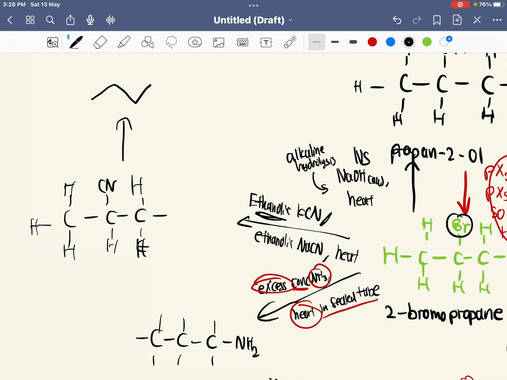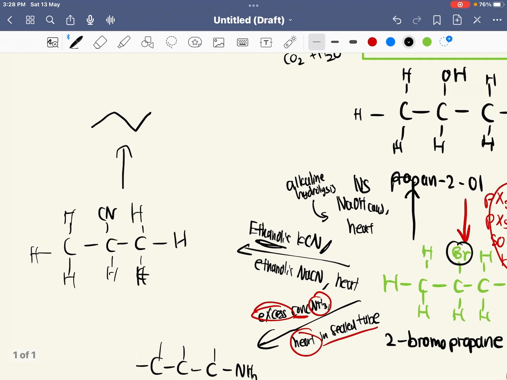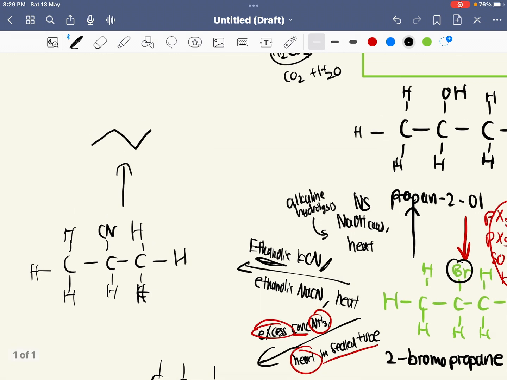This is what we call a step-up reaction, and it is very important that we know this, because in synthesis reactions, sometimes our starting product has 3 carbons, for example, then after some reactions it gives me 4 carbons. We notice that there's an additional carbon in the product.